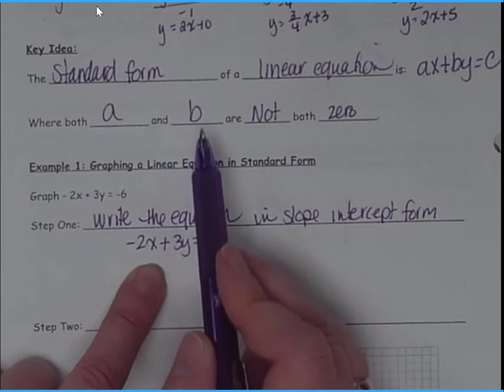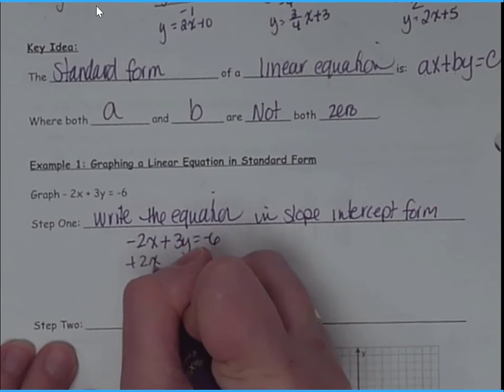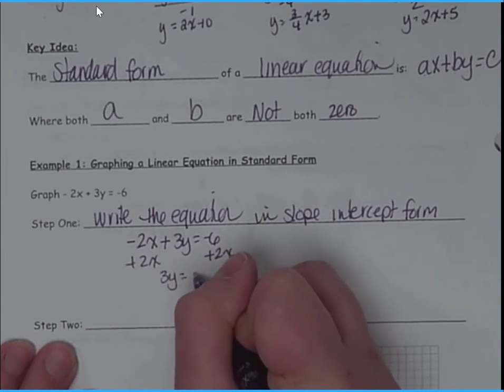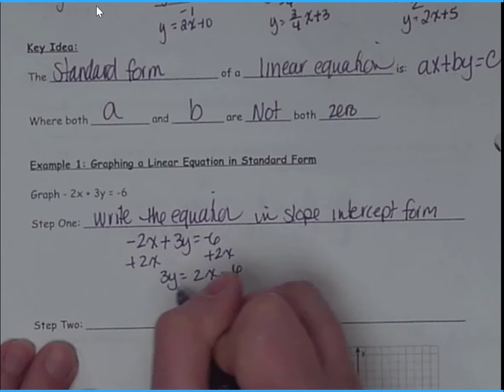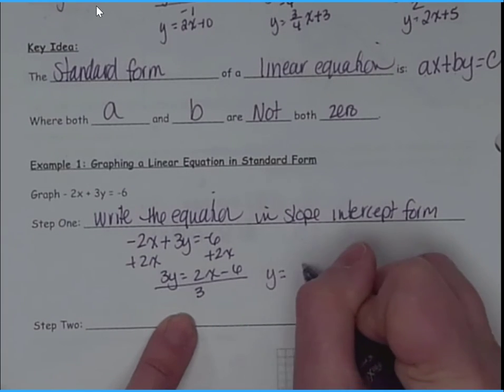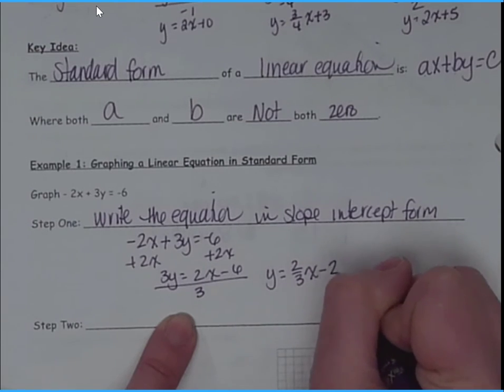All I'm doing here is what you just did in your warm-up. So we're going to add 2x to both sides. So I end up with 3y equals 2x minus 6. Divide all of that by 3. So we end up with y equals 2/3 x minus 2.